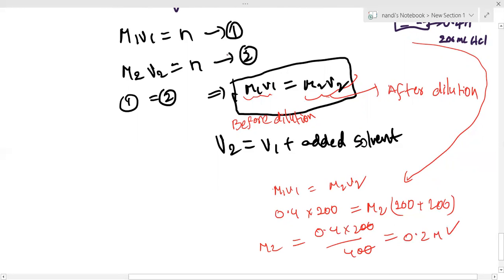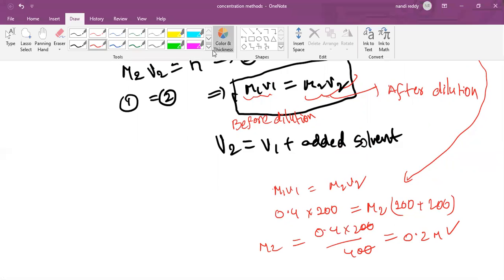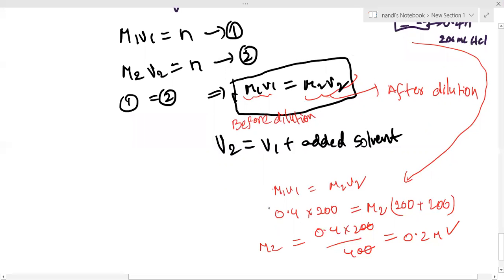This is what we call dilution. So finally, upon dilution, does the concentration of the solution decrease or increase? Before dilution, what is the concentration of the solution? 0.4. After dilution, what is the concentration of the solution? 0.2. So upon dilution, the concentration of the solution decreases.